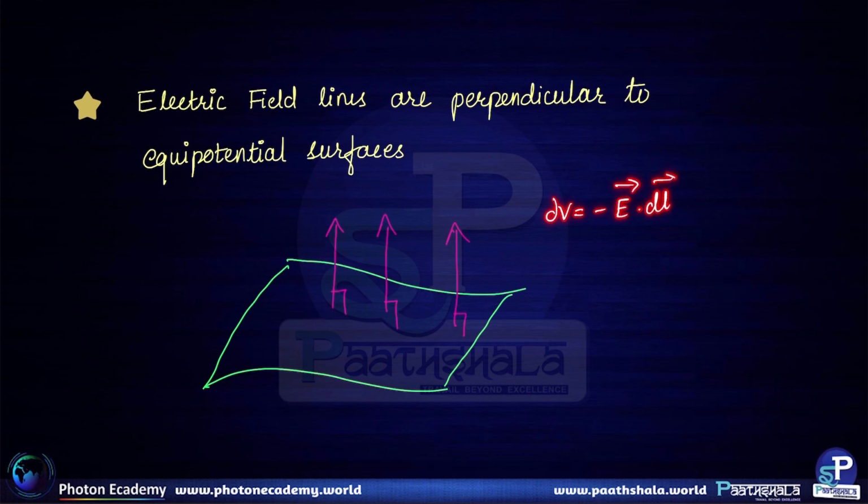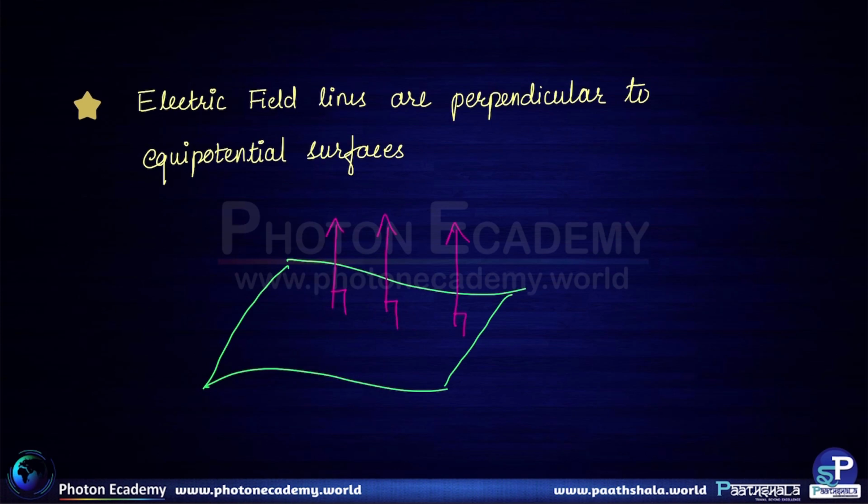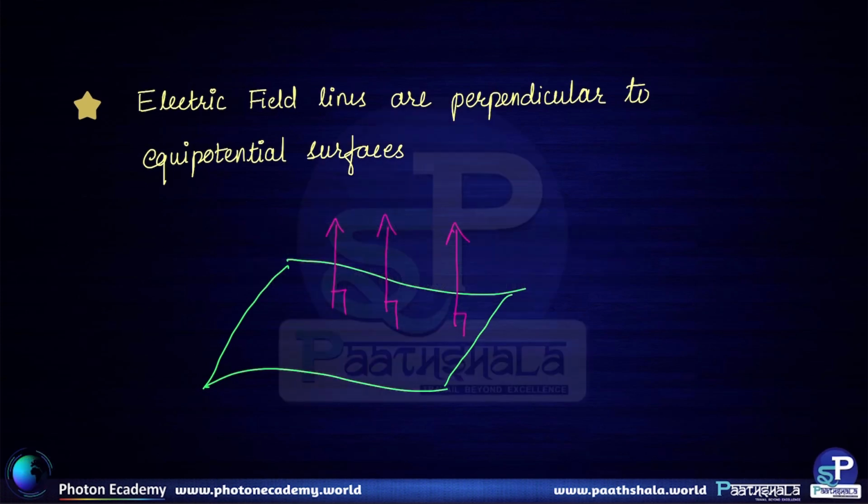So if the electric field has a tangential component, then along the equipotential surface we will have two points that have different potentials, but that is not allowed. All the points on the equipotential surface are supposed to have the same potential. So because of that, the electric field has to necessarily be perpendicular to the equipotential surface.